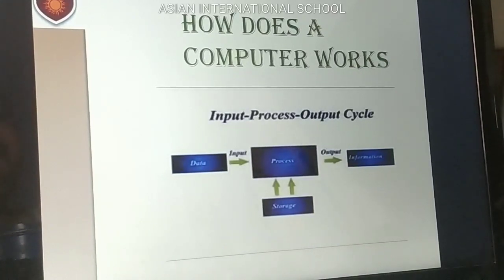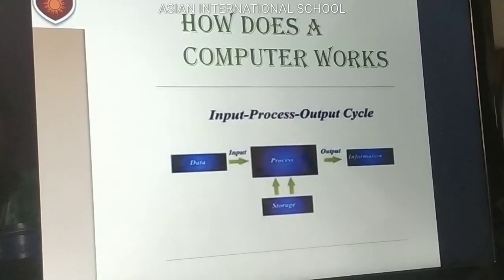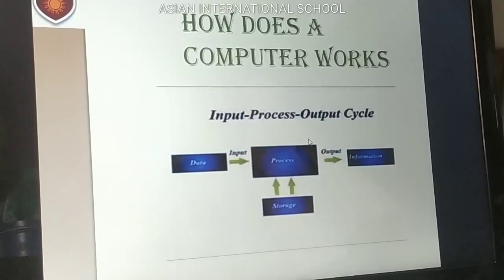So what is the IPO cycle? The IPO cycle is the input, process and output cycle. We all know a computer mainly works in three steps. We input data, it is processed, then it is stored, and then it goes to the output.